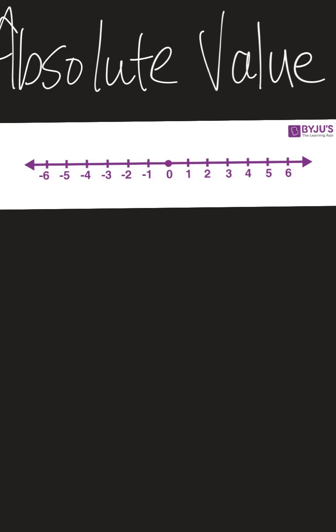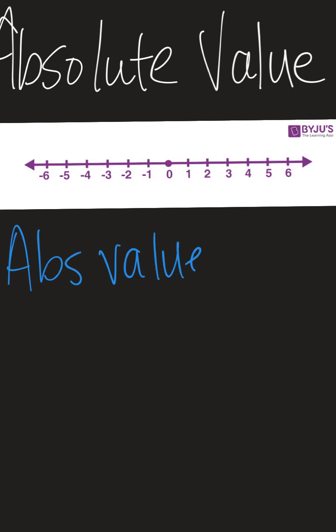So, for example, we will have the absolute value. The ABS is one way of abbreviating absolute value of 3. Now, the way you will see this written most of the time is 3 with 2 vertical lines next to it, okay?